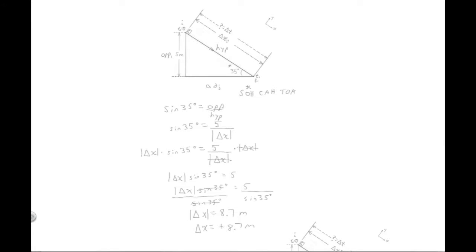And again, the key for getting this right is being willing to make a nice clean, large sketch of the situation, and then to be willing to write out all the steps of applying Sohcahtoa. If you write out all the steps, Sohcahtoa should not be that difficult. Sohcahtoa is only difficult when people try to skip steps and figure out the result on autopilot.